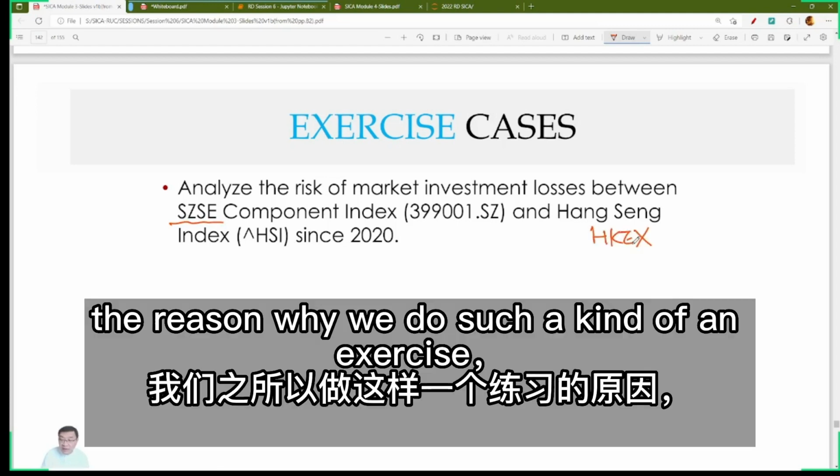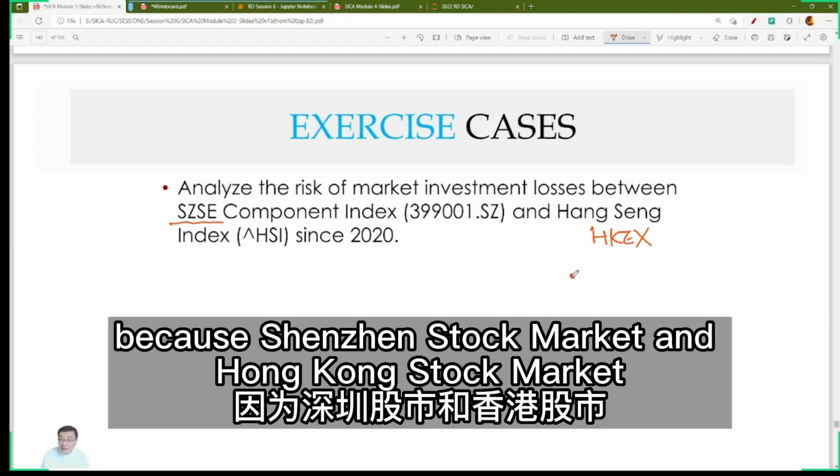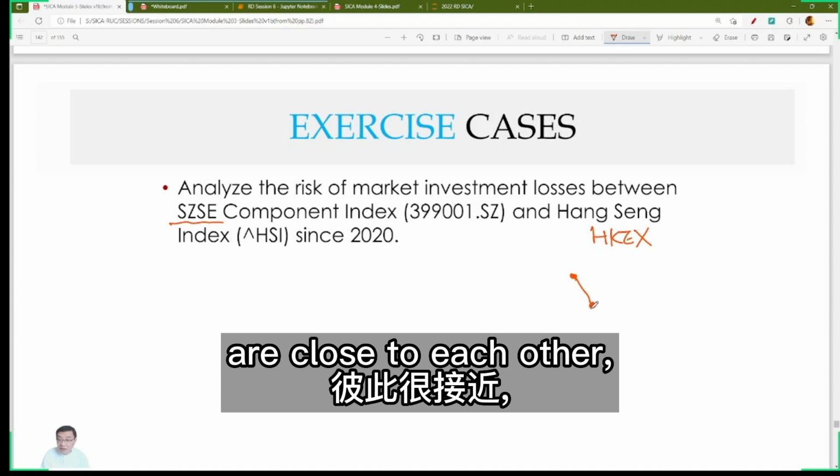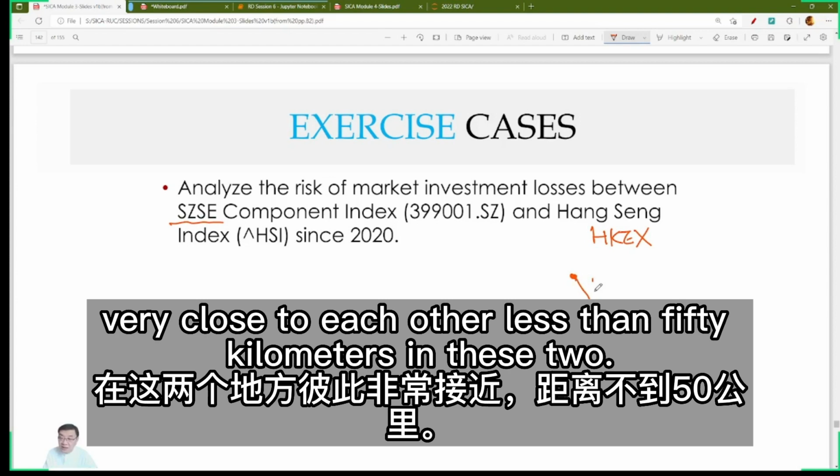The reason why we do such an exercise is that Shenzhen stock market and Hong Kong stock market are quite close to each other, less than 50 kilometers between these two.